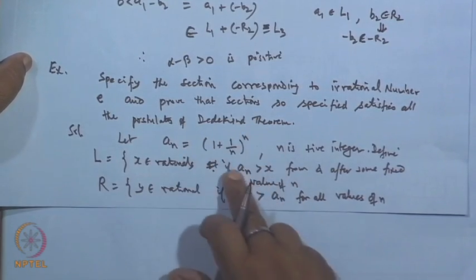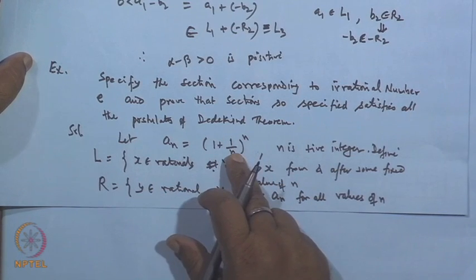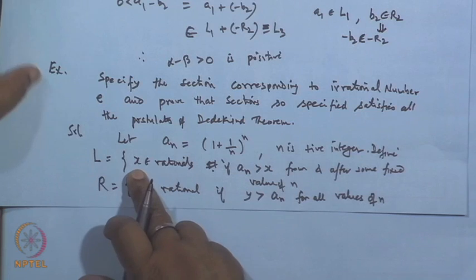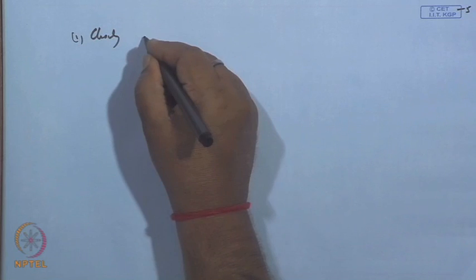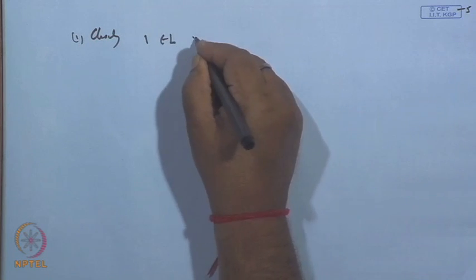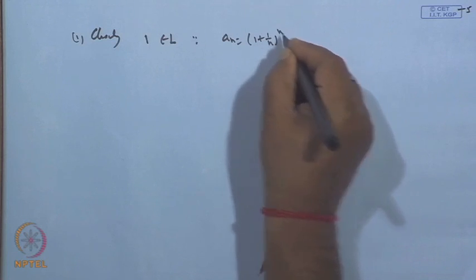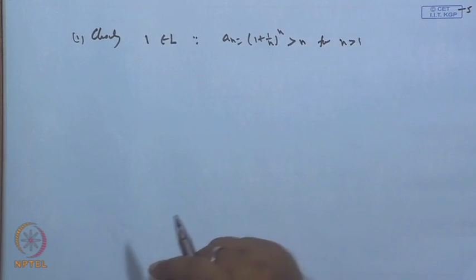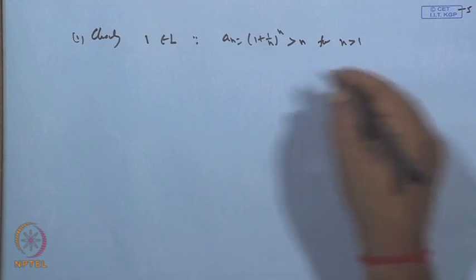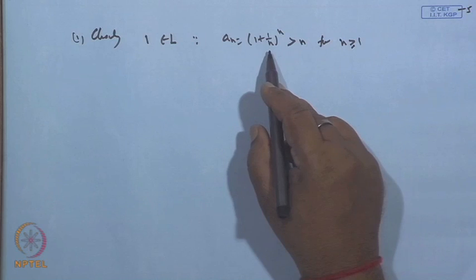So, this 1 belongs to the lower class clearly. Number 1 belongs to the lower class because a n, which is 1 plus 1 by n to the power n, will be greater than 1 for n greater than 1, or even equal to 1, n equal to 1 also, you just check.